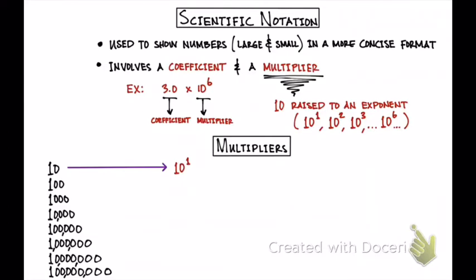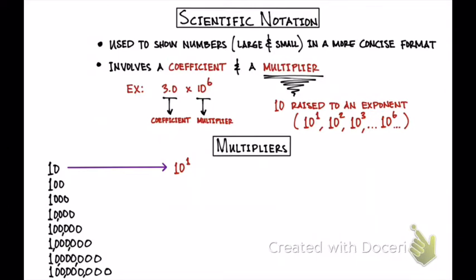And so the superscript, the number 1 up top, it basically represents the number of zeros. And so we know that the number 10 has 1 zero. And so when you convert this into a multiplier, it's basically the number 10 raised to the 1st power.